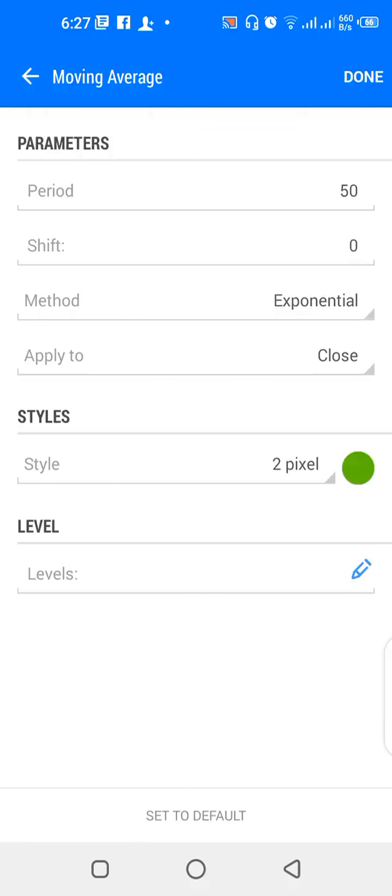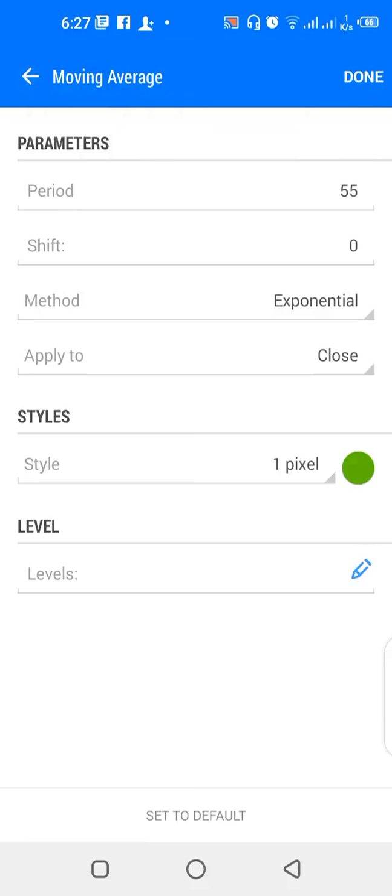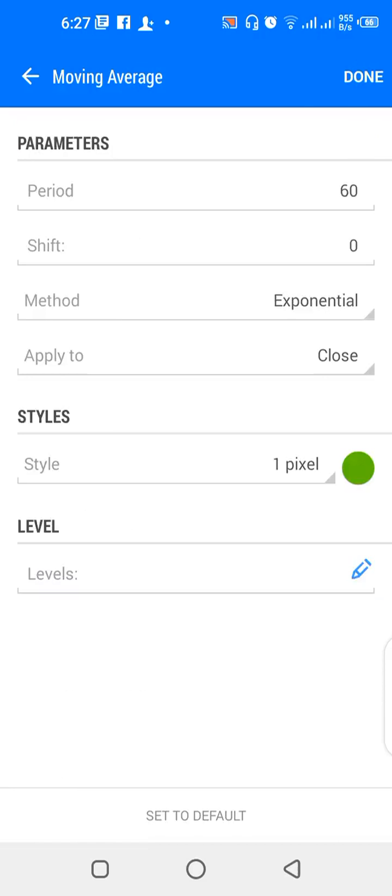The fifth one is 50 EMA, color is green. Sixth one is 55 EMA, color is also green. Seventh one is 60 EMA, color is green.